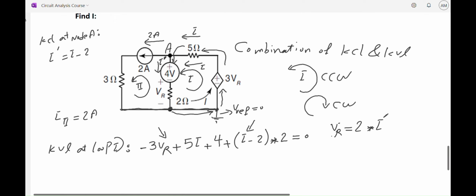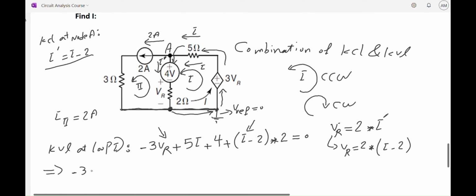So what I need to do is just to substitute the I prime equation. VR equals 2 times, what can I write instead of I prime? Look at here, I minus 2. Okay, now let's just put them all in.